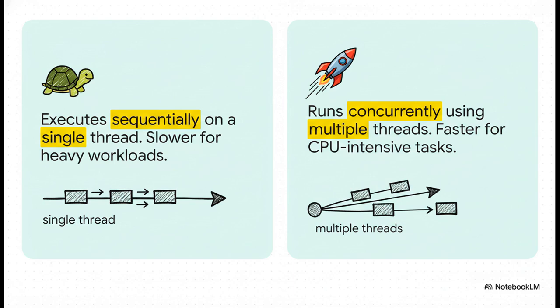Dispatch Apply, though, it can take that same huge workload and dish out the iterations to a bunch of different threads. So here's the aha moment. Imagine you're processing 100 images. Sequentially, that might lock up your UI for, say, 5 seconds. But with Dispatch Apply splitting that work across 4 cores, that same task could be done in just over a second. For anything that's CPU intensive, this is an absolute game changer.